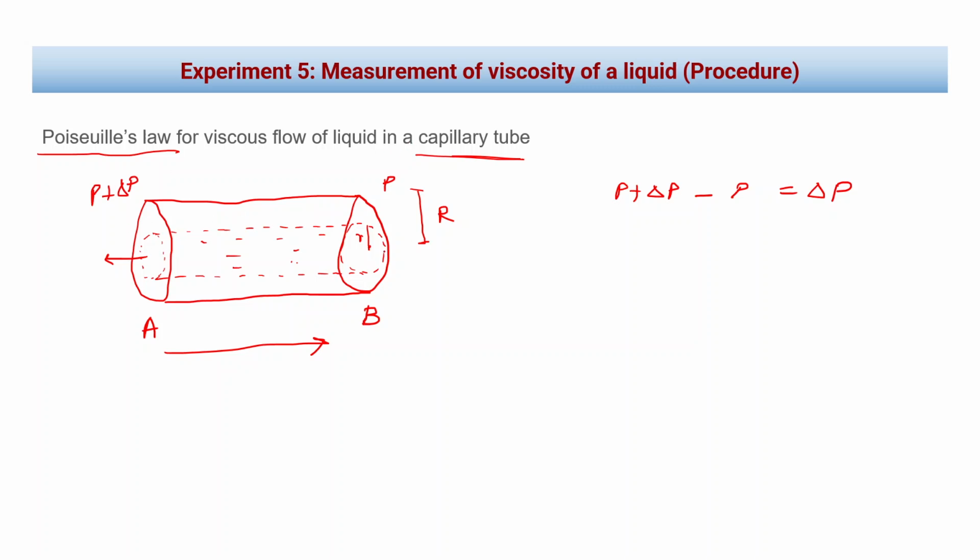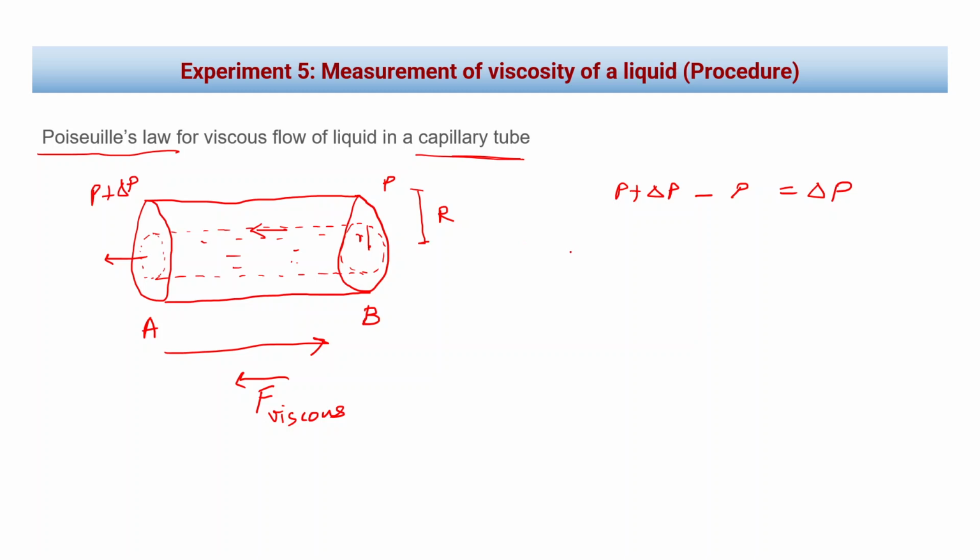So here, because of the difference in pressure the liquid is flowing, it will also experience viscous force, that is, it will experience viscosity, which in terms of force will be called viscous force. The flow direction is from A to B, meaning the viscous force direction will be opposite to it, right? So for this particular cylinder, the viscous force will be acting in the opposite direction.